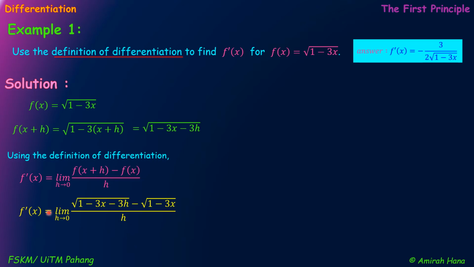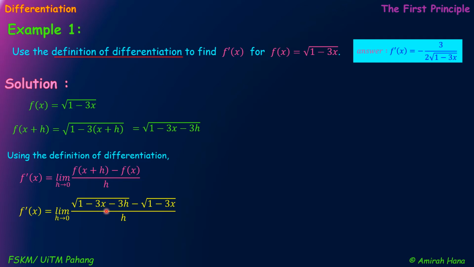When we solve the limit, let's say we try direct substitution. We replace h equals 0 into the variable h, not into the variable x, because this is limit h approaches 0, not limit x approaches 0. Is it clear?